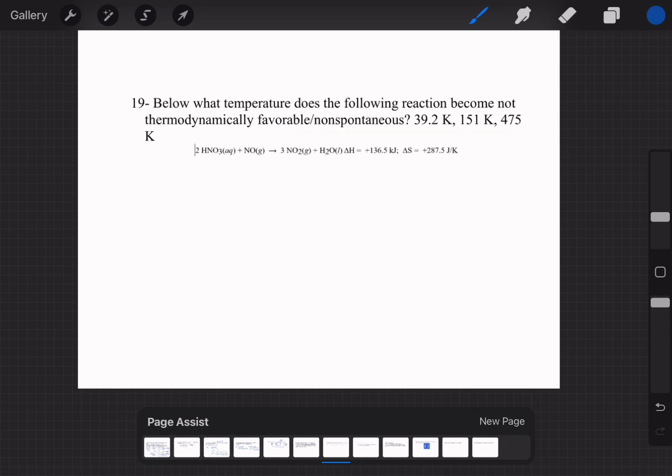Okay, on to the next question. I'm going to give you a moment to try to answer it on your own. Okay, so we're using the same formula as earlier.